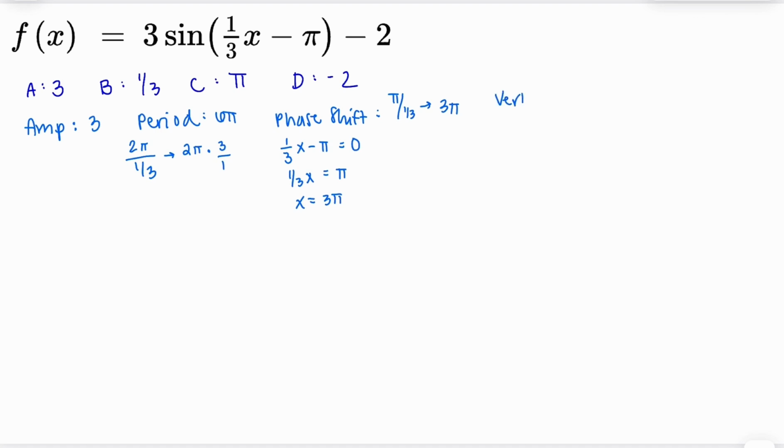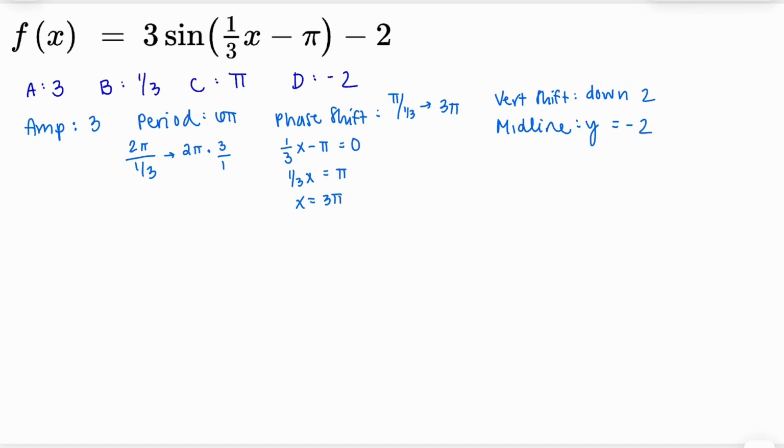Okay. My vertical shift is D, which is -2. And that's helpful because that gives me my midline of y equals -2.